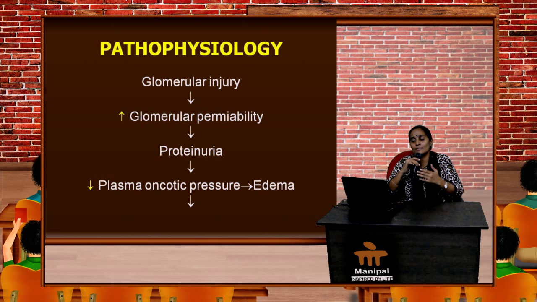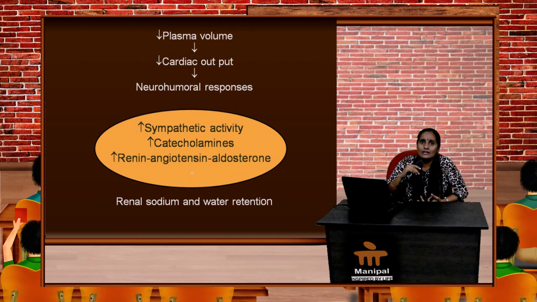The decreased plasma volume hence leads to a decreased cardiac output, and this will start off a chain of neurohumoral responses. In that I have just summarized the increased sympathetic activity, increased catecholamine levels in the blood, and RAA stimulation, the renin, angiotensin, aldosterone axis stimulation, and all these together lead to renal water and sodium retention.